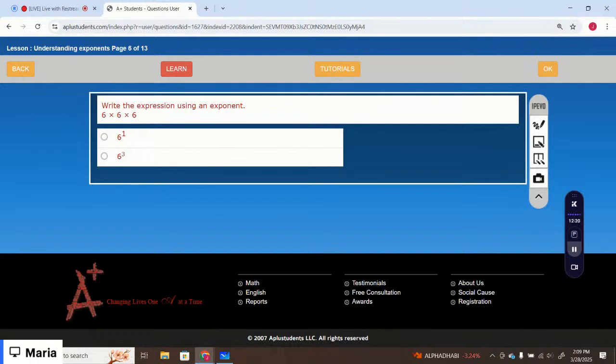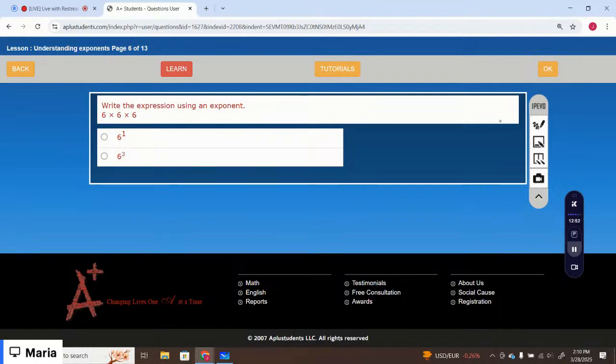Write the expression using an exponent. Six times 6 times 6. So you're multiplying 6 three times.